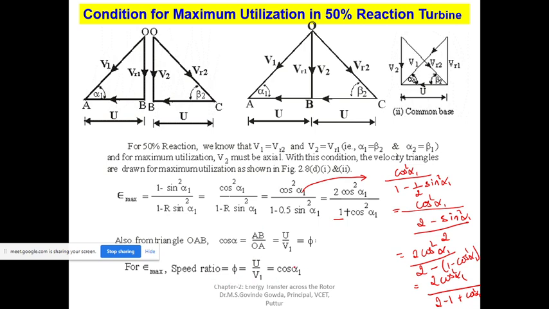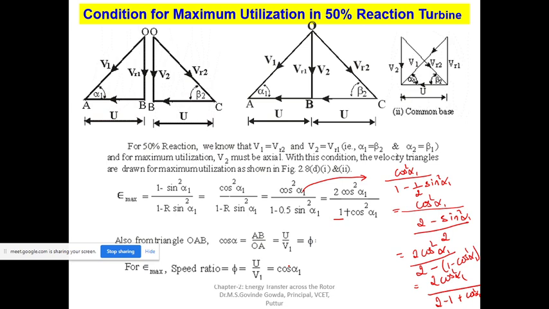They are just showing you the condition for the maximum utilization factor. U by V1 is equal to cos alpha 1. For maximum utilization factor, speed ratio is given by U by V1, which is equal to cos alpha 1. Okay, understood this one?